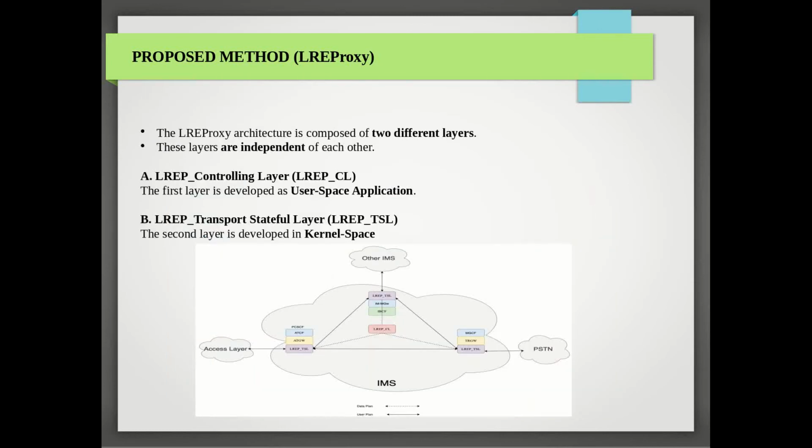The LREProxy is composed of 2 different layers, and each layer is independent of the other. The first layer is the LREProxy controlling layer, or LREPCL. This layer is developed as a user space application, and the second one is the transport stateful layer, or TSL. The second layer is developed in kernel space.